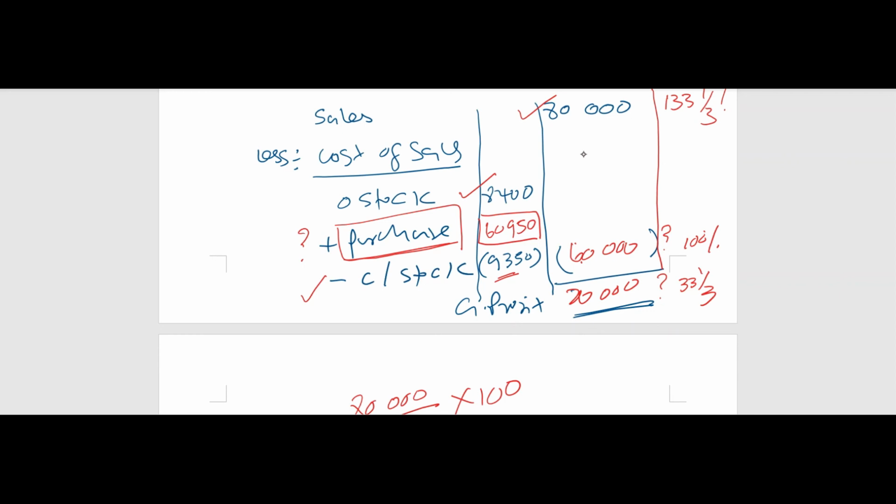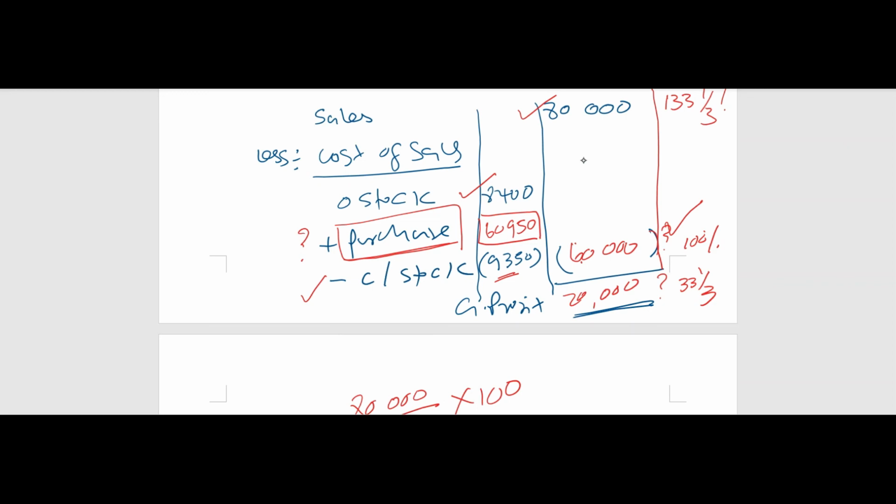Just add it and see. 60,950 plus 8,400 is 69,350, minus 9,350 is 60,000. So that is the cost of sales, and thereby you can calculate the gross profit also, which is 20,000.